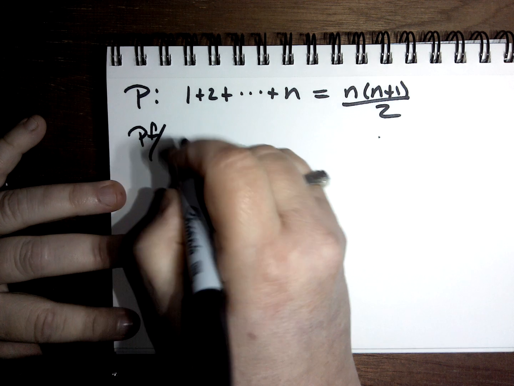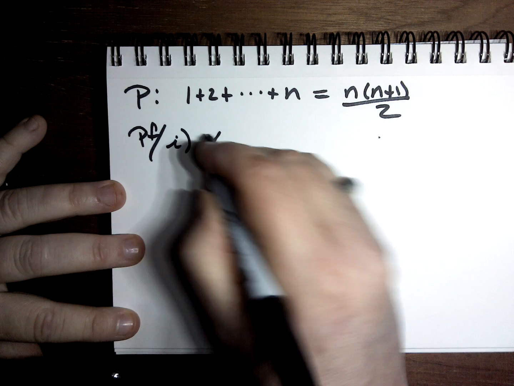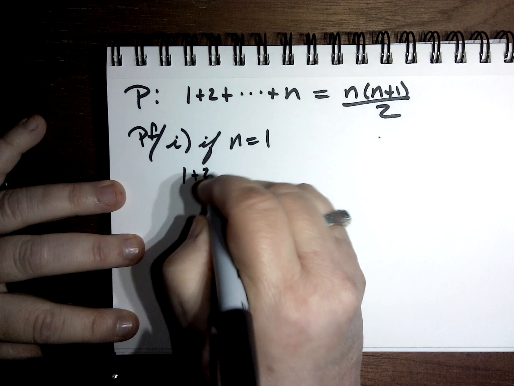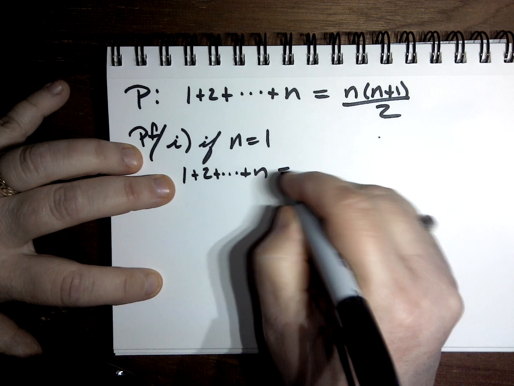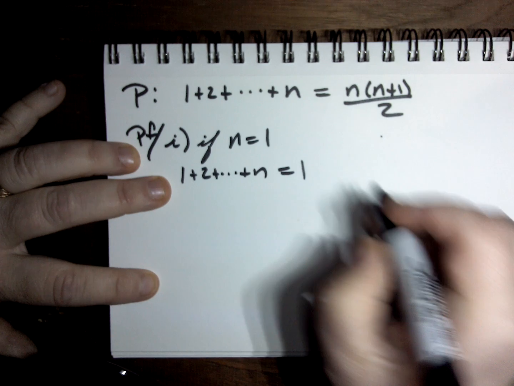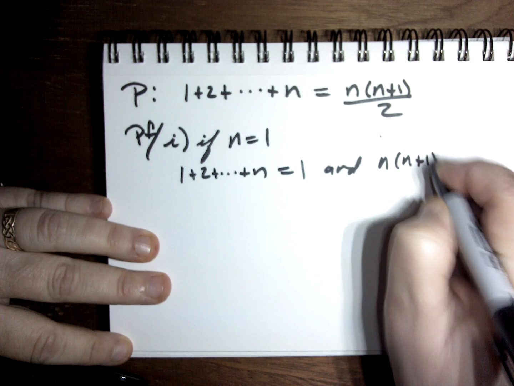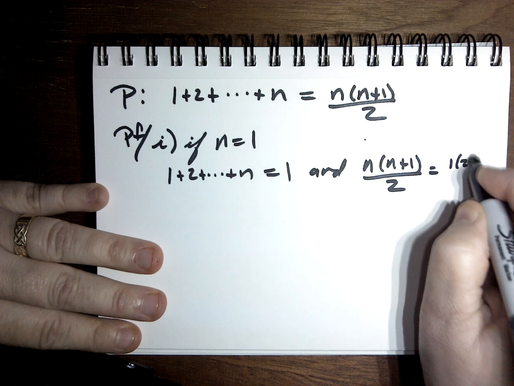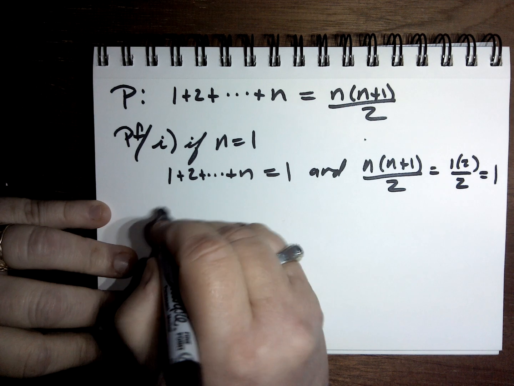This is kind of my general notation. If n equals 1, 1 plus 2, yada yada yada, plus n, well, if n is 1, this is really just 1. And n times n plus 1 over 2 is equal to 1 times 2 over 2, which is 1. These are equal.